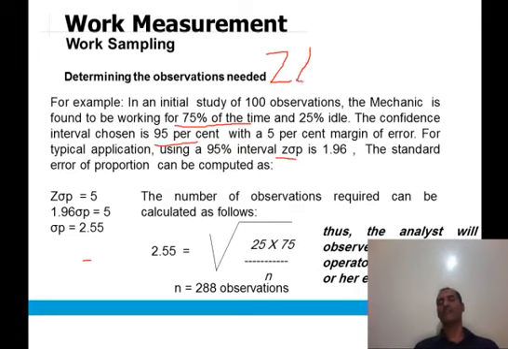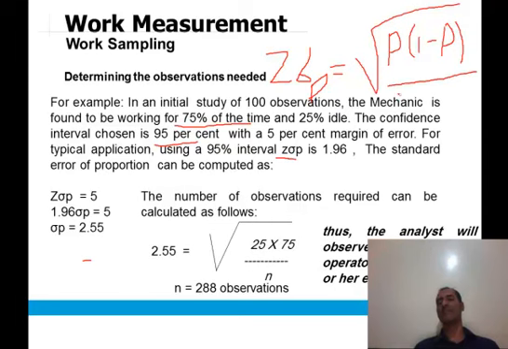Z times the standard deviation sigma subscript b equals the square root of b, which is the running time, multiplied by the idle time, 1 minus b, divided by the number of observations.